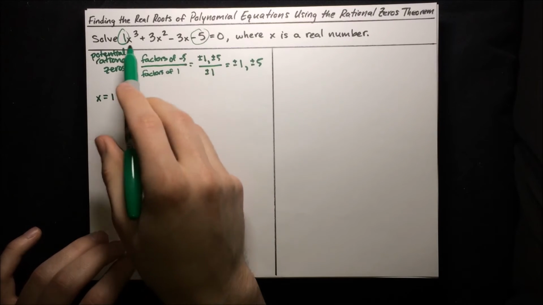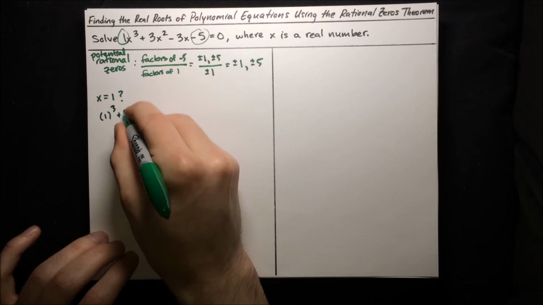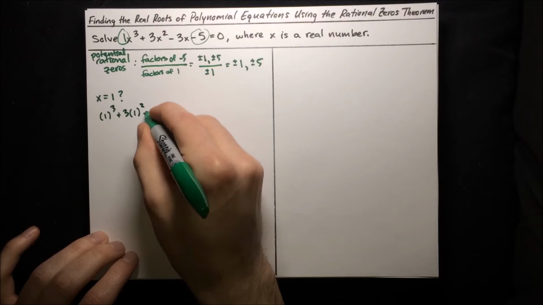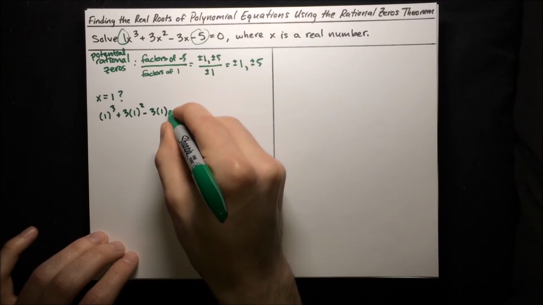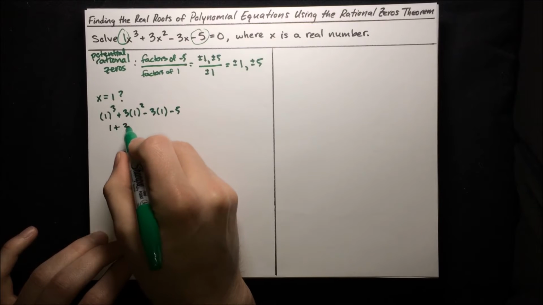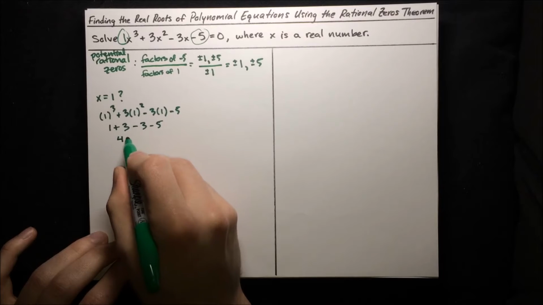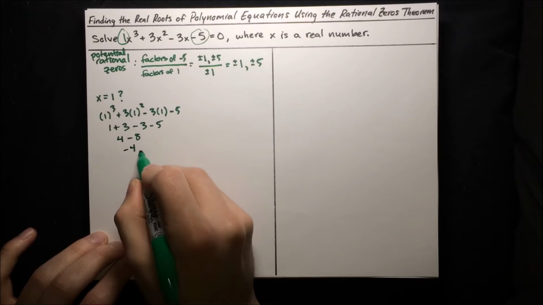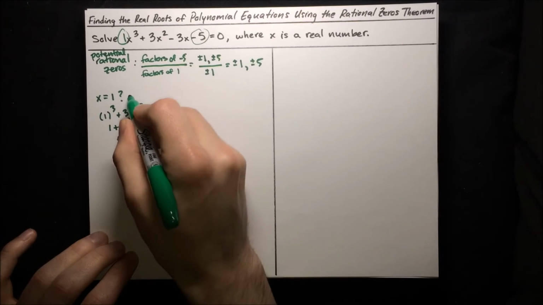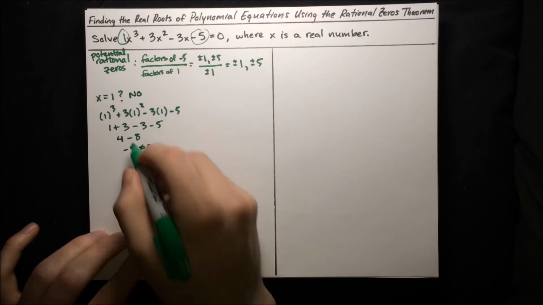We can test that by plugging it in here: 1 to the third plus 3 times 1 squared minus 3 times 1 minus 5. That's 1 plus 3 minus 3 minus 5, so 4 minus 8, negative 4. That's not equal to 0, so x equals 1 is not a 0.